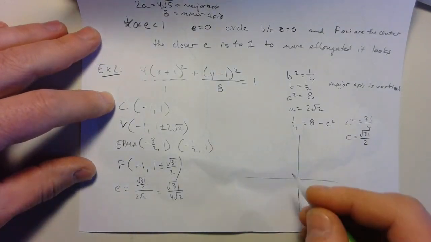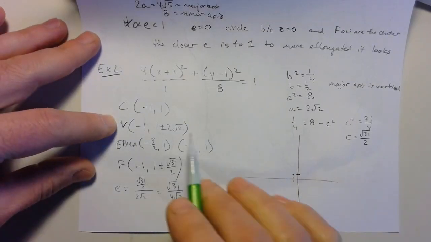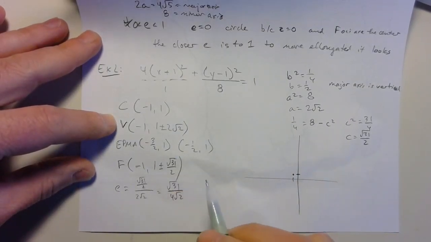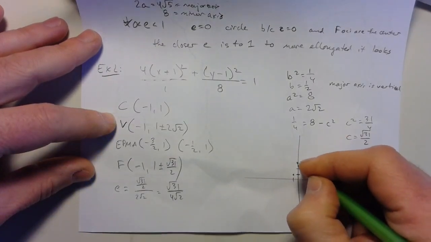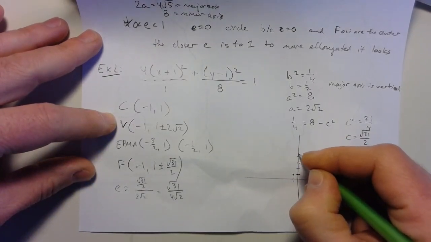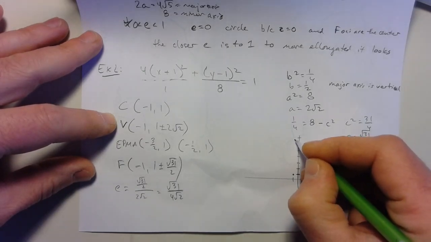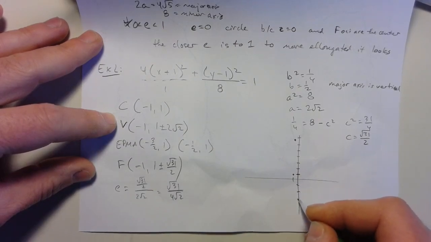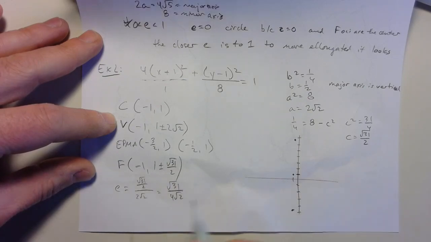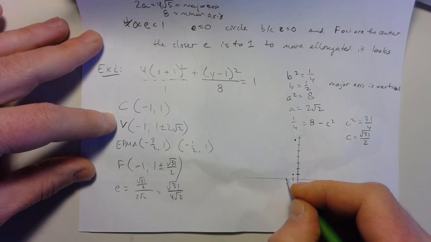So -1, 1. I'm going to add 2 root 2, which is about the square root of 32, so it's going up and down between 5 and 6. 1, 2, 3, 4, 5, 6. So it's somewhere between there. Going to the right and left, not very much at all.